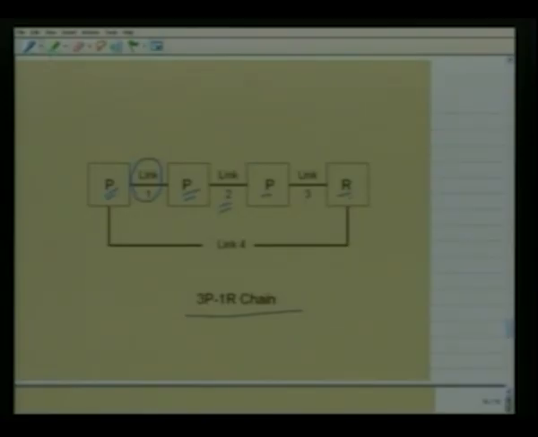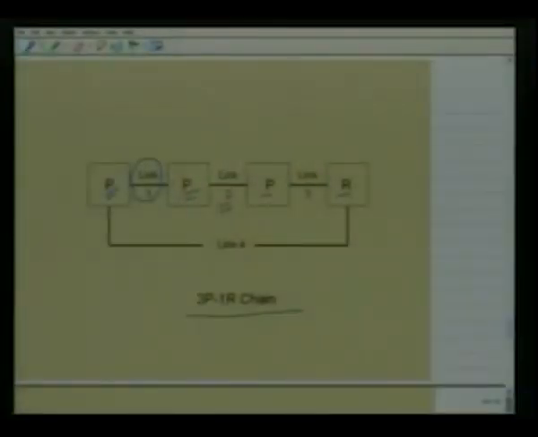It will be easy to show that we cannot have a mechanism with such a 3P1R chain. For example, because there is a prismatic pair between link 1 and 2, there cannot be any relative rotation. Same goes between link 2 and 3, because they are connected by a prismatic pair. There is a prismatic pair between link 1 and link 4, so there cannot be any relative rotation between link 1 and link 4.